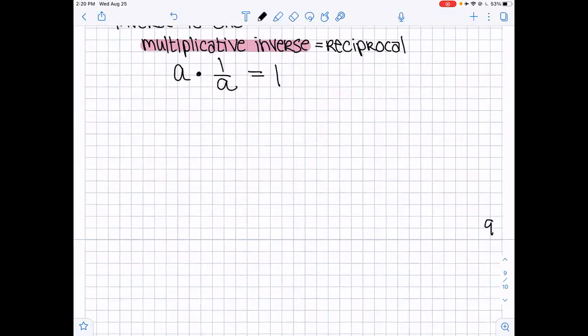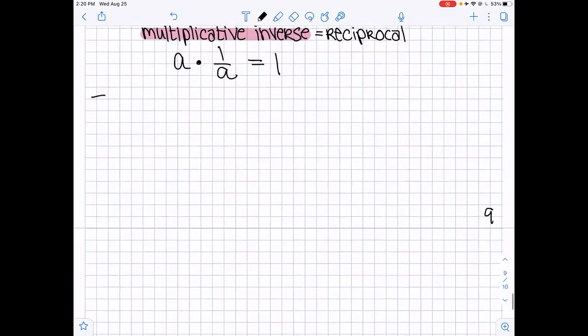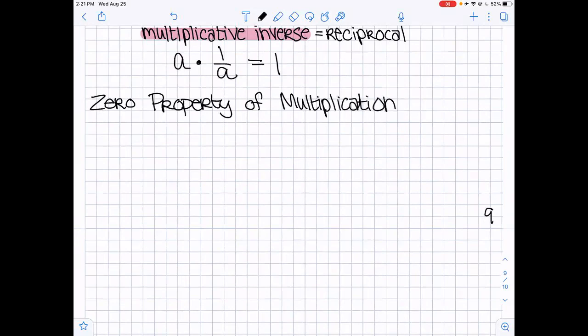Okay. There is one property that we did not discuss yesterday. The 0 property of multiplication. This one, I think, is the easiest one to remember.